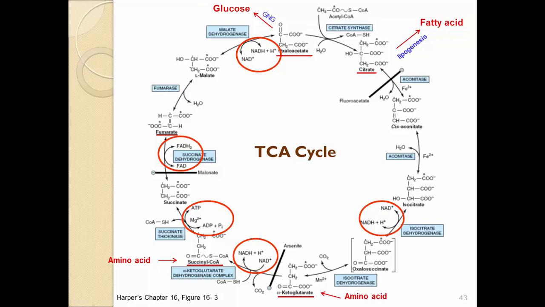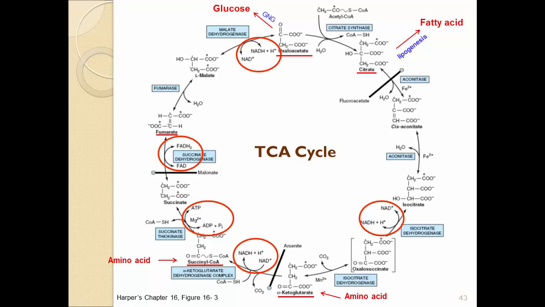Citrate, again, can leave the TCA cycle and go to fatty acid synthesis, the lipogenesis pathway, and it also can continue through the TCA cycle for producing ATP. You don't need to remember all the detailed reactions, right? You just try to know the different reactions, but you don't need to memorize each one.